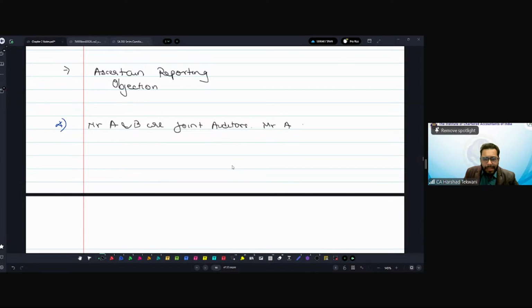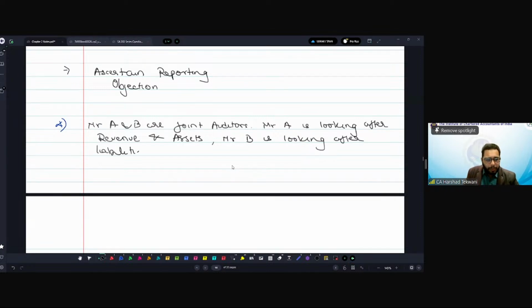Mr. A is looking after revenue and assets. Mr. B is looking after liabilities and purchases, or I'll write it as expenses.